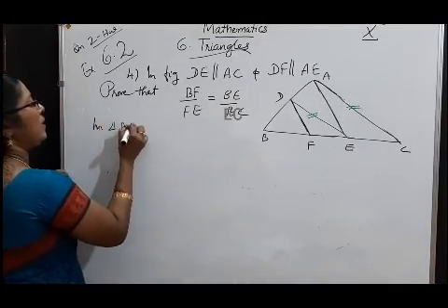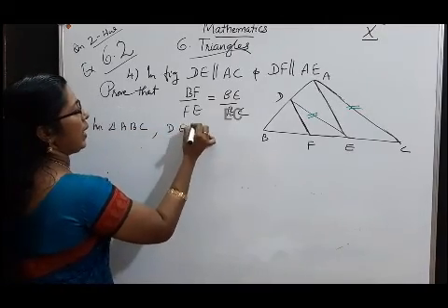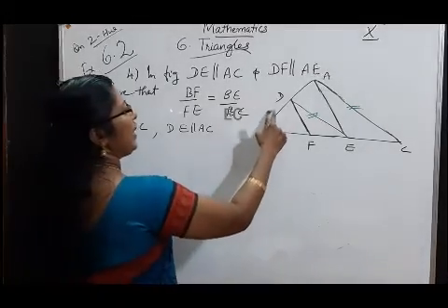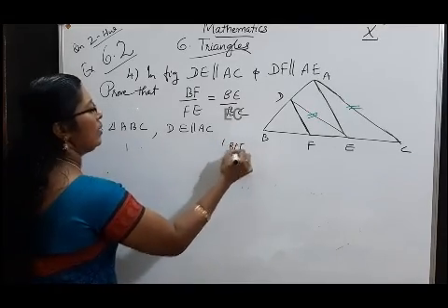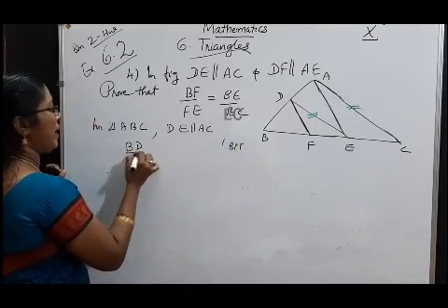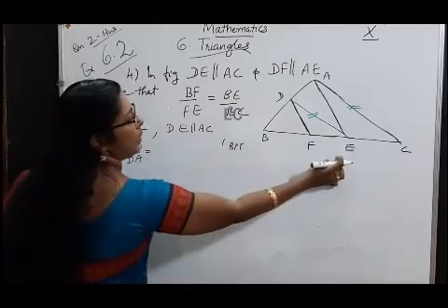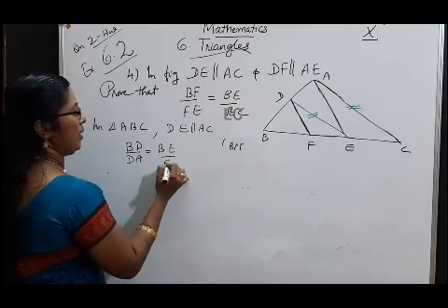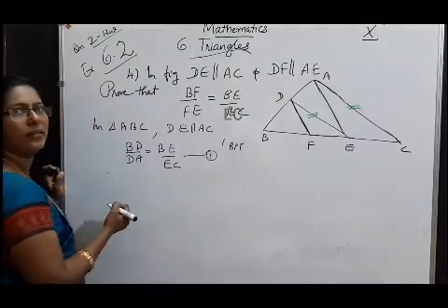In triangle ABC, DE is parallel to AC, so by BPT, BD by DA equals BE by EC. This is equation number 1.